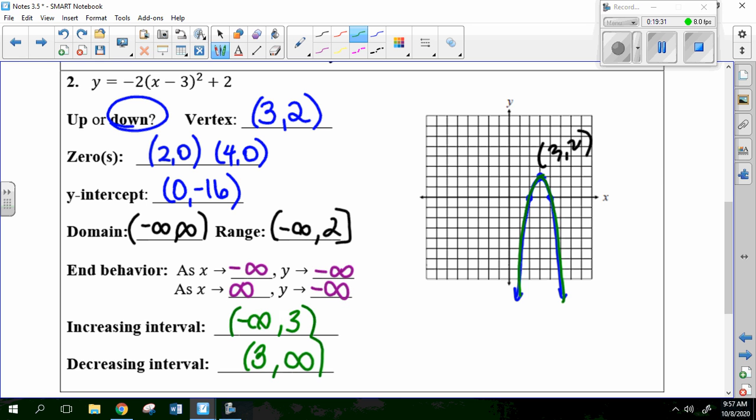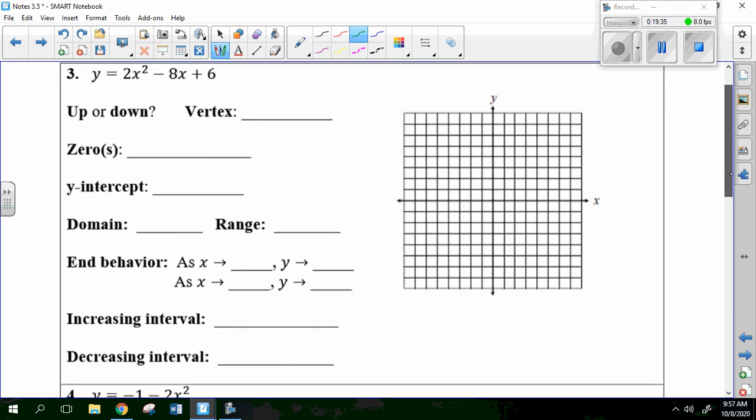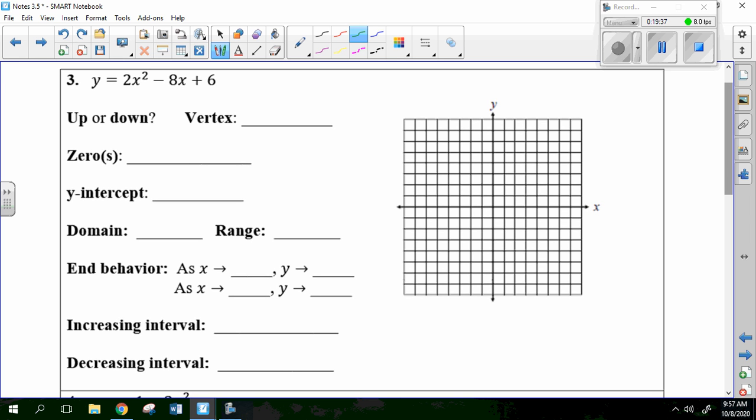All right, so the other two that I have for us to look at are just in standard form as opposed to vertex form. So you absolutely need Desmos to help you find all of this information. The vertex, the up or down you could probably do without.